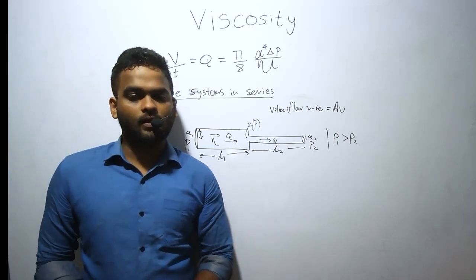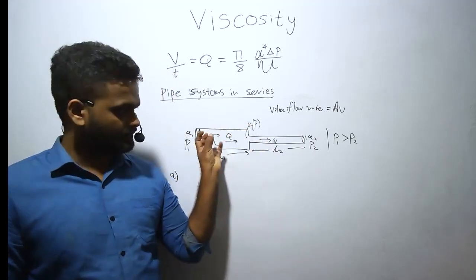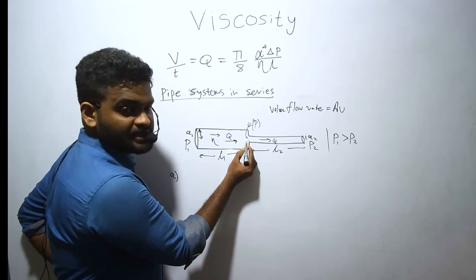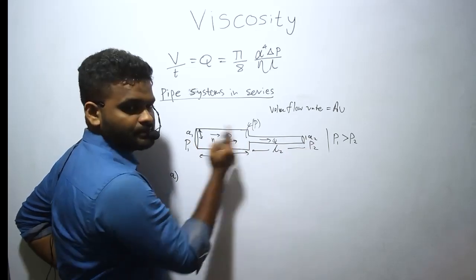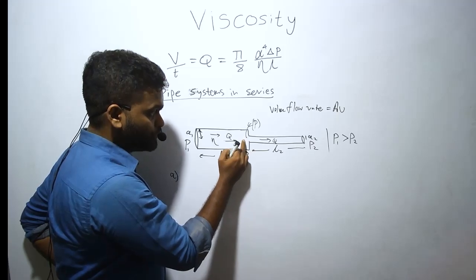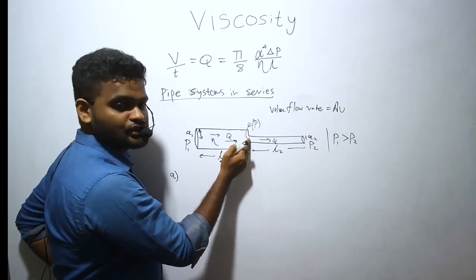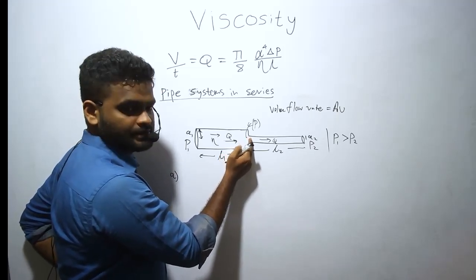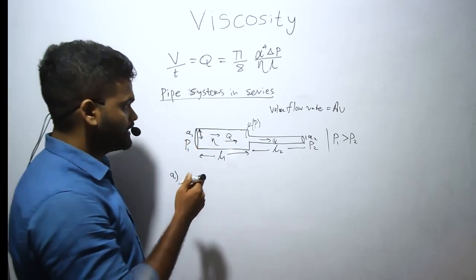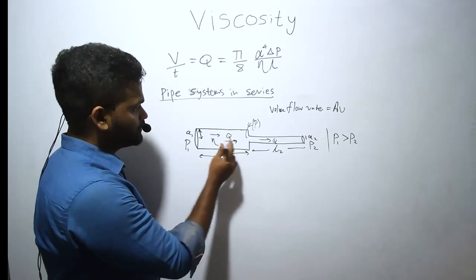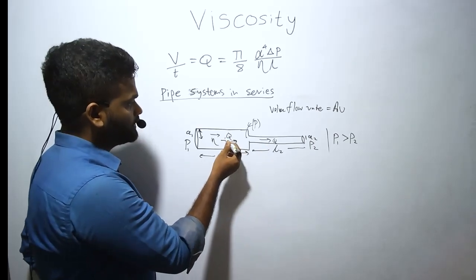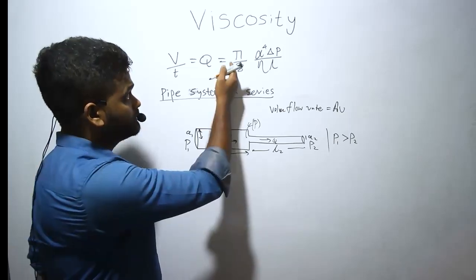When you get a question like this, you might want to find the pressure here. The pressures at the ends are given. You have to find the pressure at this junction, which has a different pressure. So how do we do that? You know that Q here and Q here is the same. For Q here, you can apply Poiseuille's equation: pi A1 to the power 4 delta P over 8 eta L1.